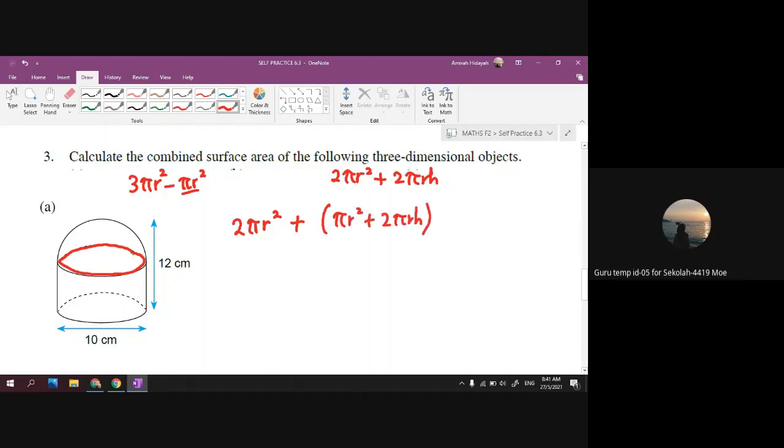Because untuk yang ni kita tak nak, sebab dia inside punya surface. So that's why daripada 2 pi r square it will become pi r square. Kan kalau kamu lukis net dia macam ni. Okay. Yang ni kita tak nak, kita ambil satu saja. Sebab yang kita tak nak ni adalah yang ni kan, inside surface. So that's why pi r square saja.